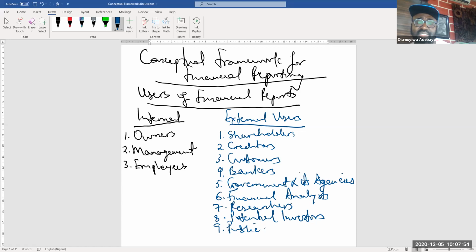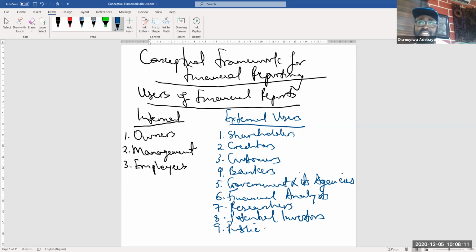Employees are interested in order to support their wage requirements or demands, and also to know whether the organization they work for is a company that can sustain its operation over time.